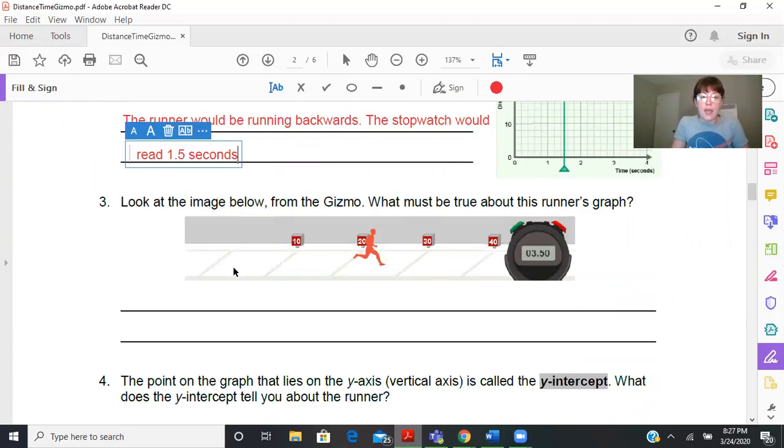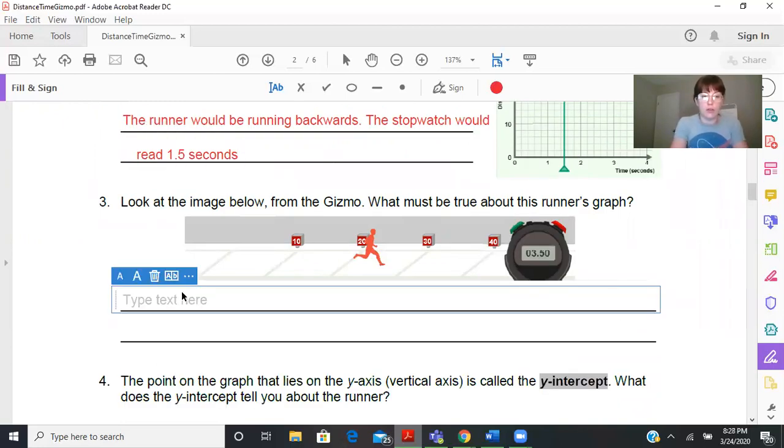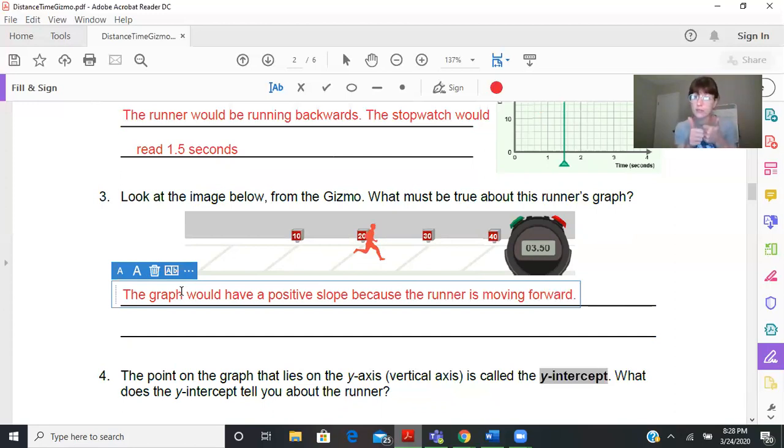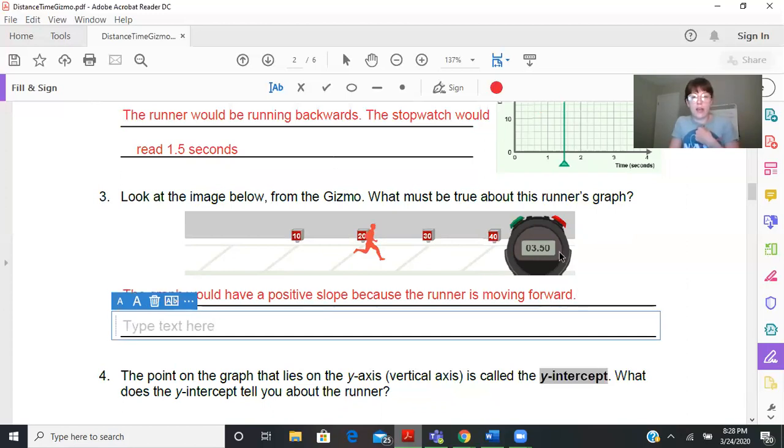So I could say the graph would have a positive slope because the runner is moving forward. And it's also positive to move forward, right? We could also gather the information that at 3.5 seconds, he would be at 25 yards.